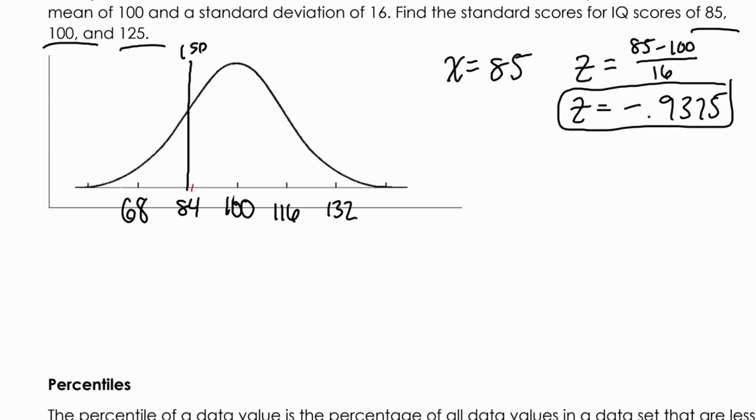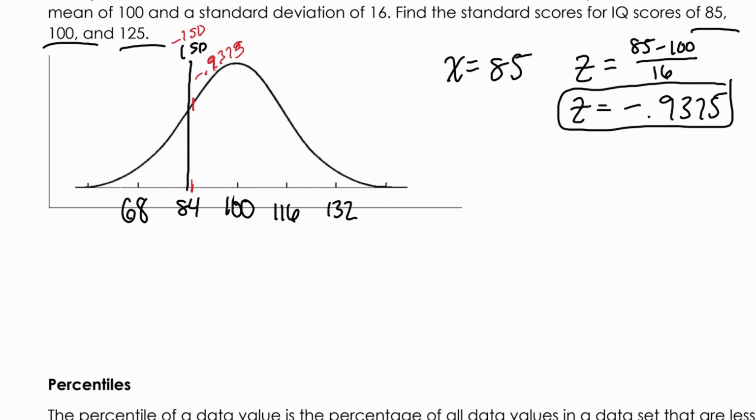So at 85, somewhere really close to 84, this would give me -1 at 84, but at 85 I would be at -0.9375. So I'm just a little bit under 1 standard deviation away from the mean, and that negative tells me I'm on the left side of the mean.